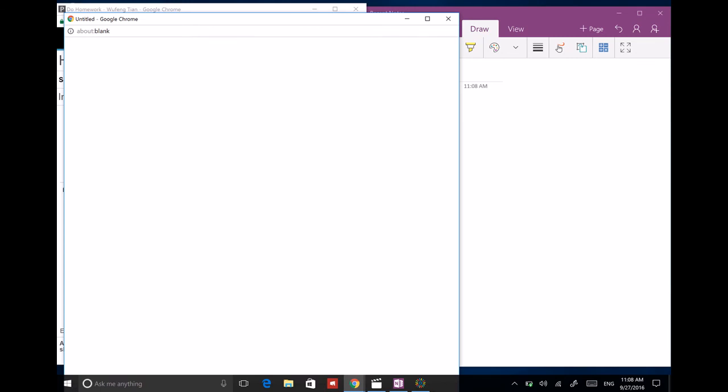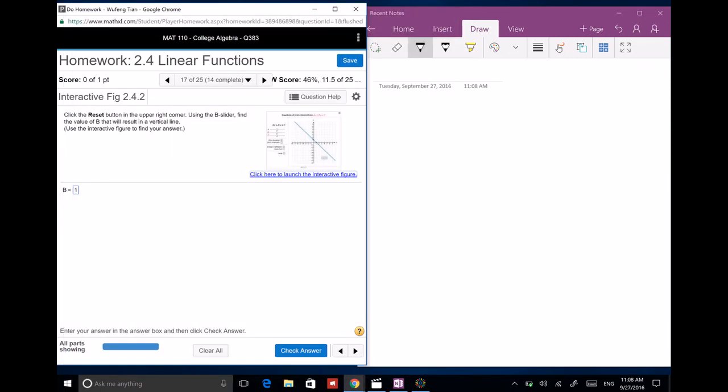I can't open it because this tablet doesn't have the CDF player. You have to open the CDF player, then you can see the value B. Click the reset button in the upper right corner. Use the B slider. Find the value of B that will result in a vertical line. Okay, you have to open the picture here.